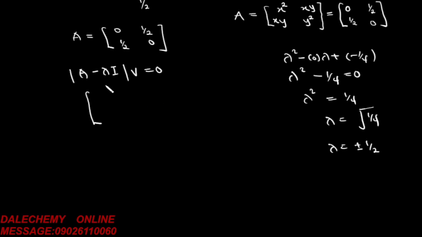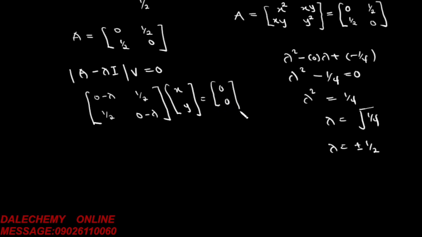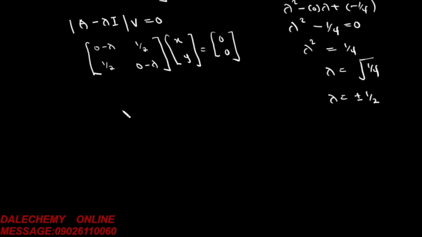So when you subtract from here, we have 0 minus lambda, 1 over 2, 1 over 2, 0 minus lambda, times the eigenvector, which I can write as x and y, but normally we use v1 and v2, though you can use x and y as well. Equals 0 0. So from here we can solve and get x and y.